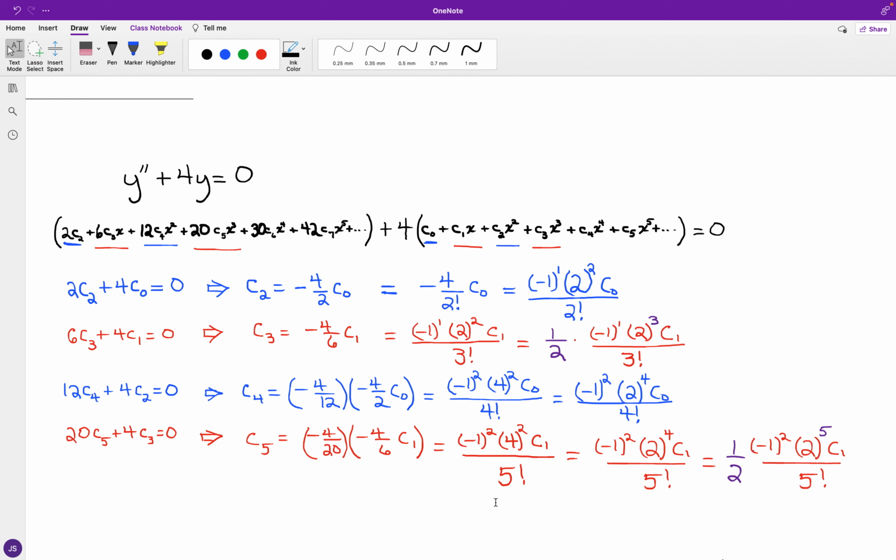With c sub 5, just looking at the pattern and expanding, you have negative 4 twentieths times negative 4 sixths c sub 1. Looking at the exponential base 4, with repetition of the negative, you have negative 1 squared times the square of 4 c sub 1 over 5 factorial.